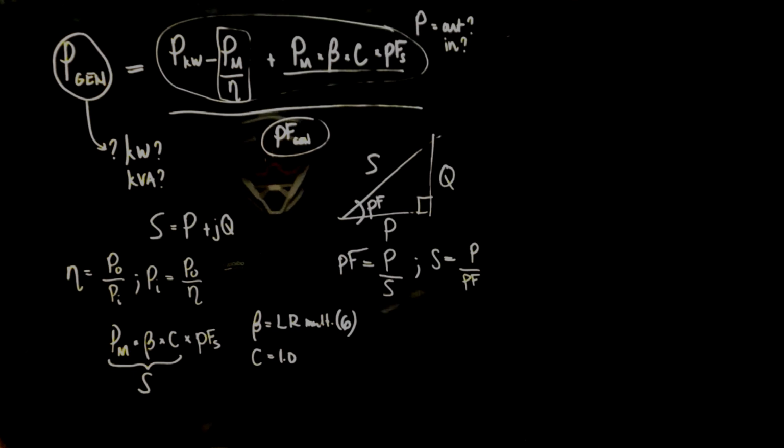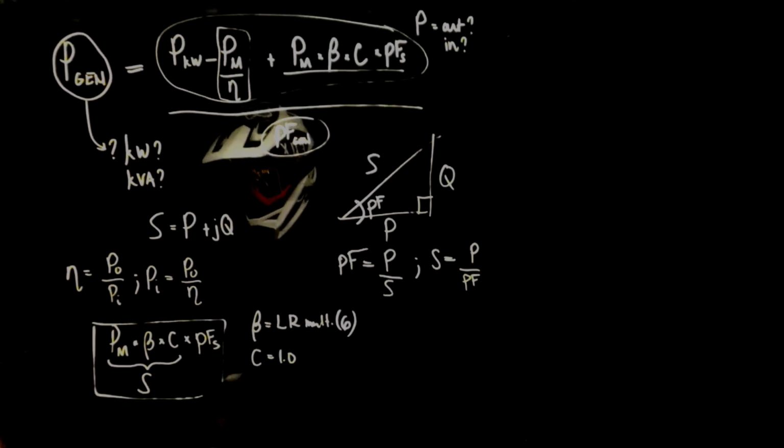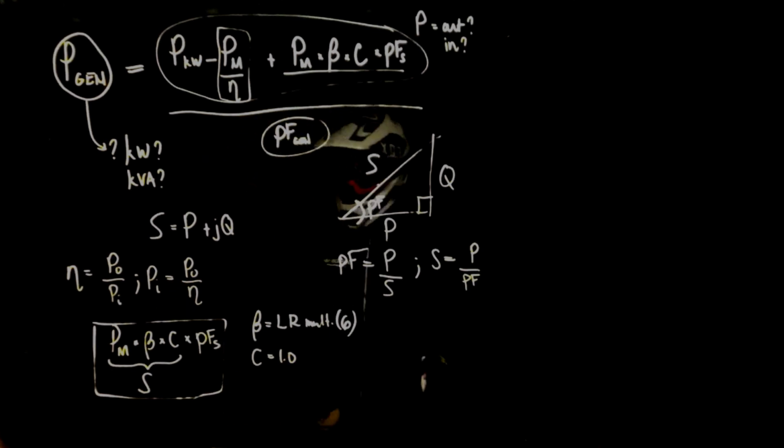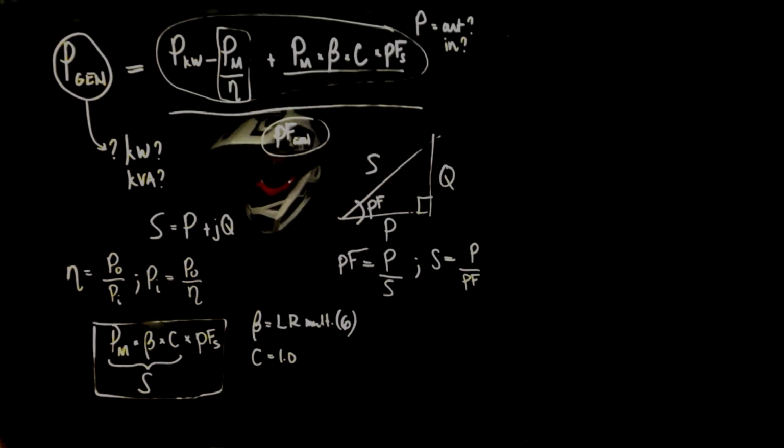By the way, I'm going to discuss this later. This whole thing right here would still be relevant to your motor, but in a different way, because this S becomes your locked rotor kVA, which is important for the sizing of the diesel generator.